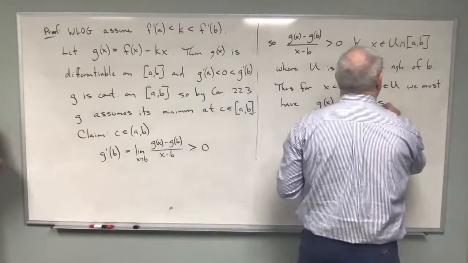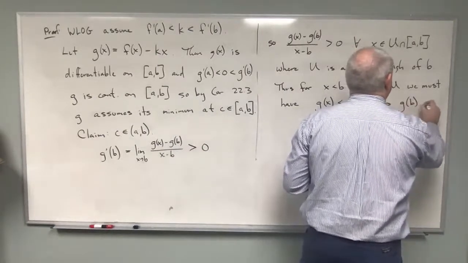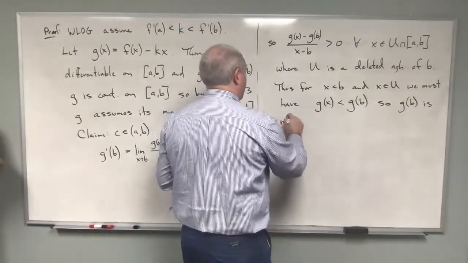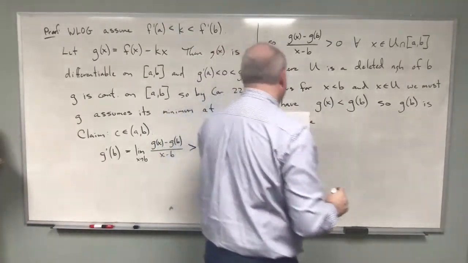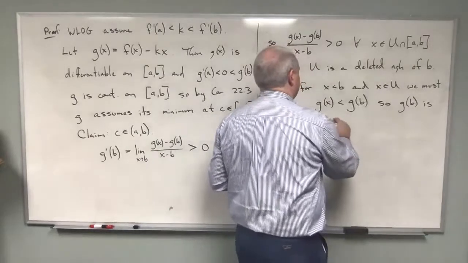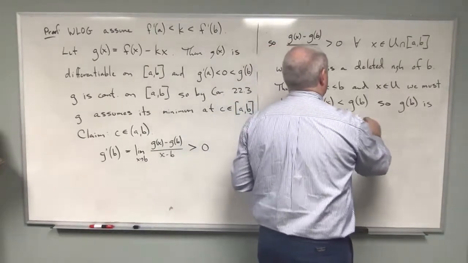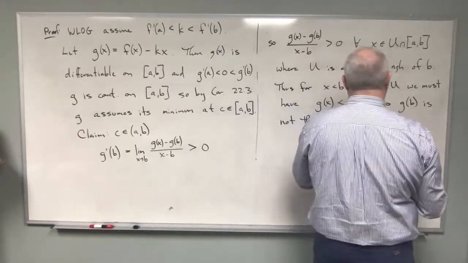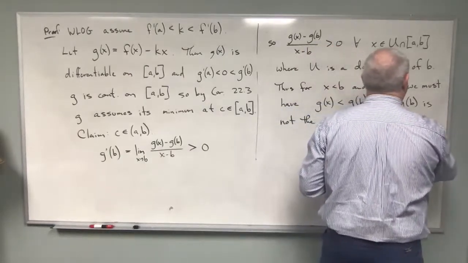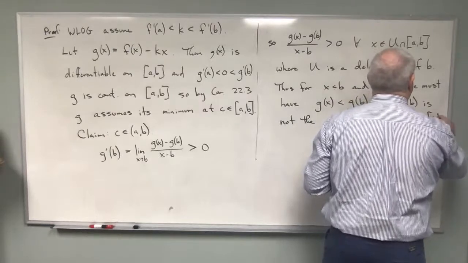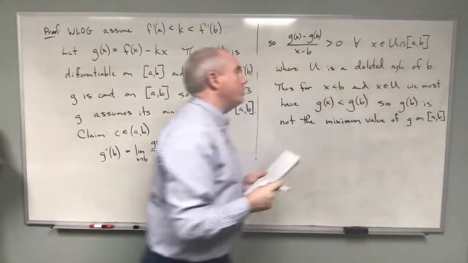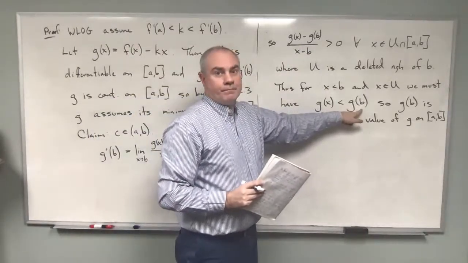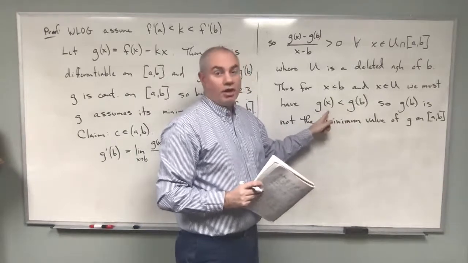Okay, so G of B is not the minimum value of G on [A, B]. What I just showed is this is not the minimum on the interval. There's something smaller.